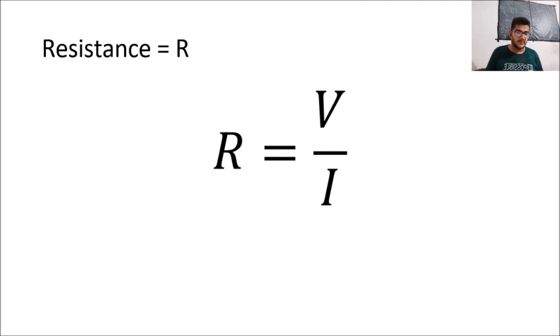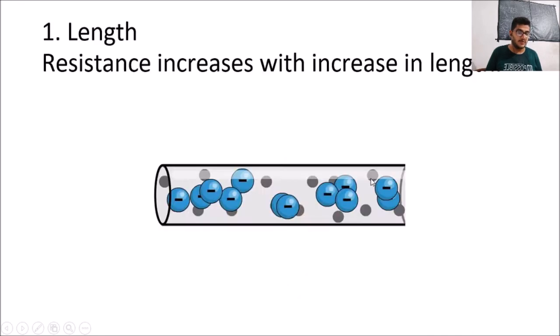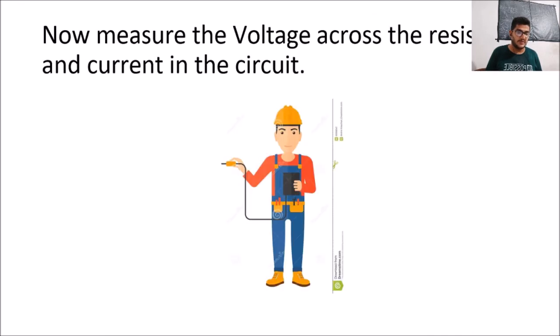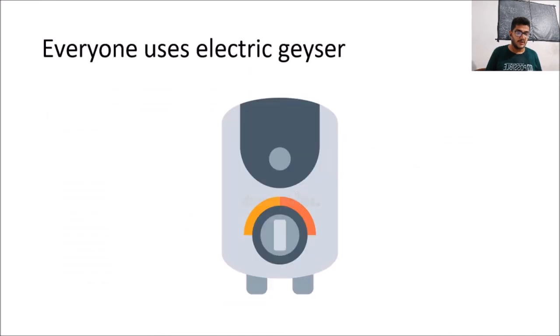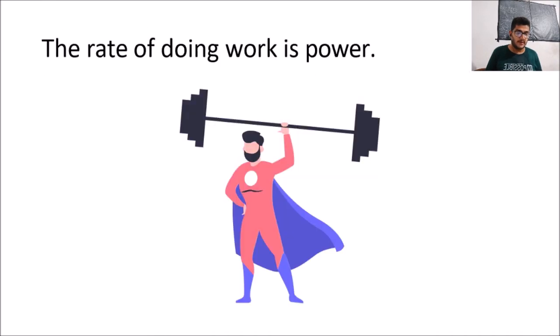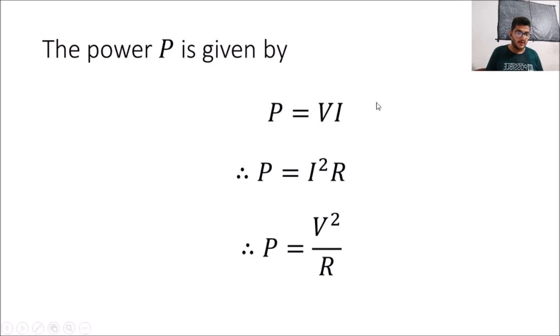This equation, V equal to IR, is used here. So I into I will be I square, so P is equal to I square R.